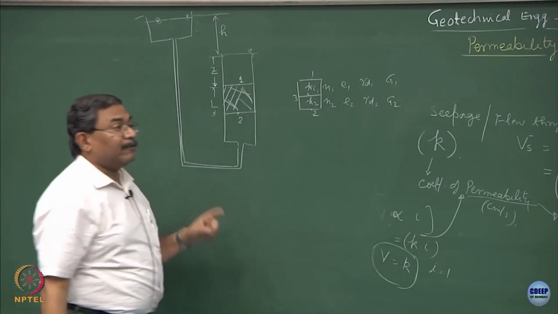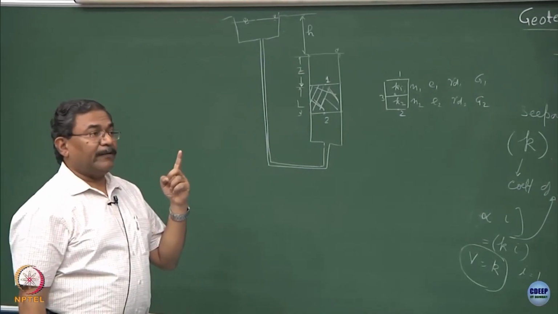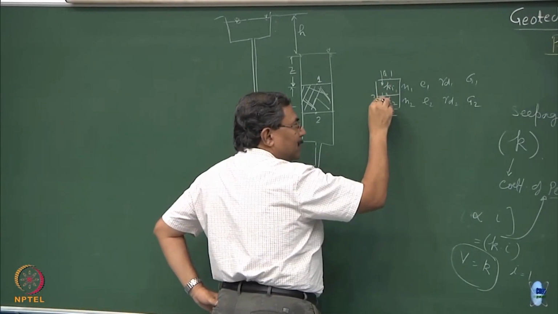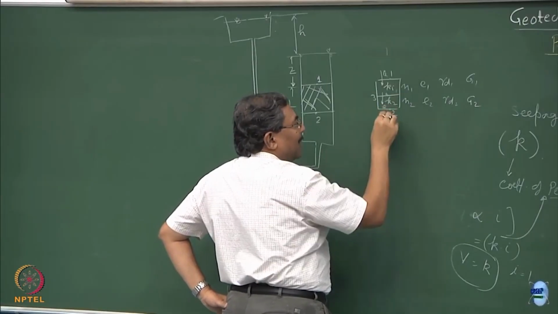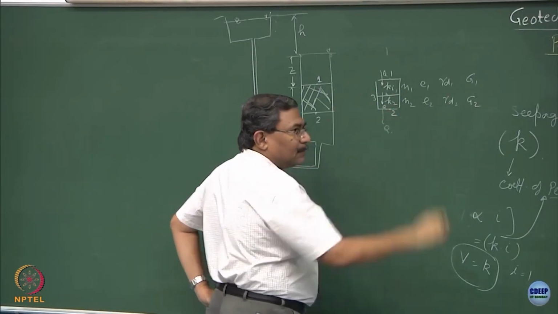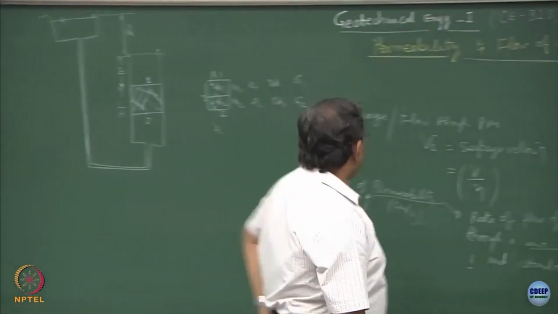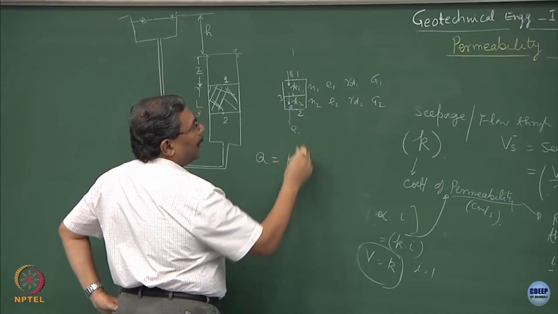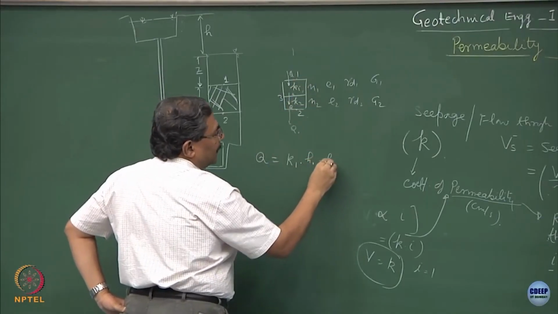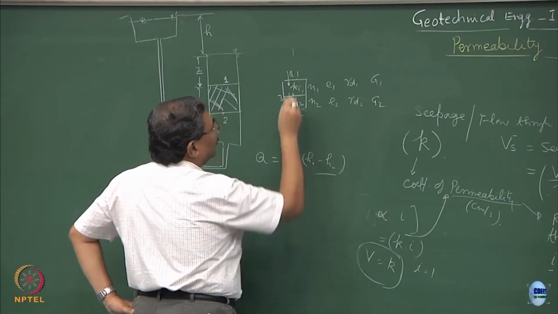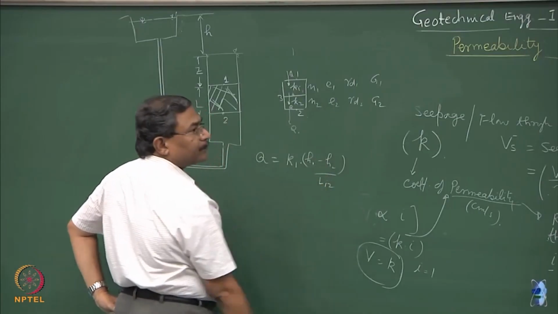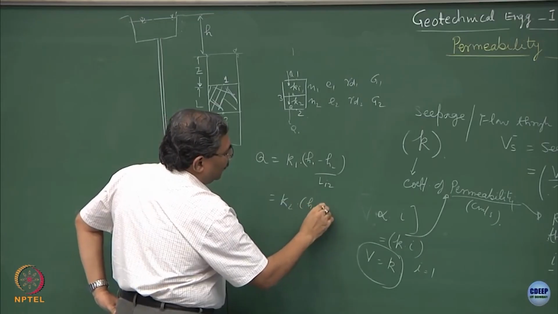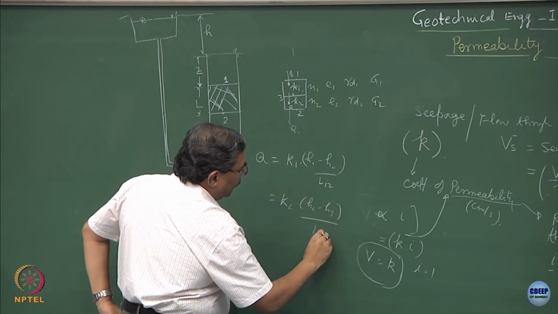What I require is one equation of continuity. That means this Q is going to be the same as this Q, is going to be the same as the Q which comes out, that is it. In other words, if my Q remains the same, I will say K1 multiplied by H1 minus H2 over L12 will be equal to K2 times H2 minus H3 over L32, is this correct?